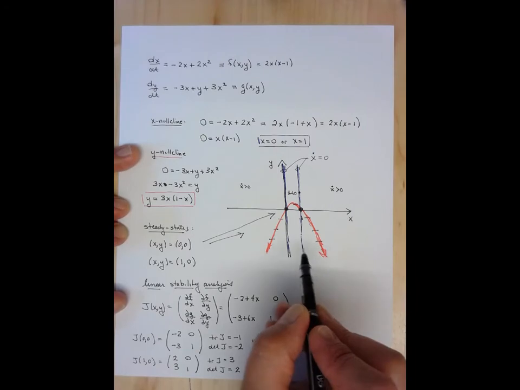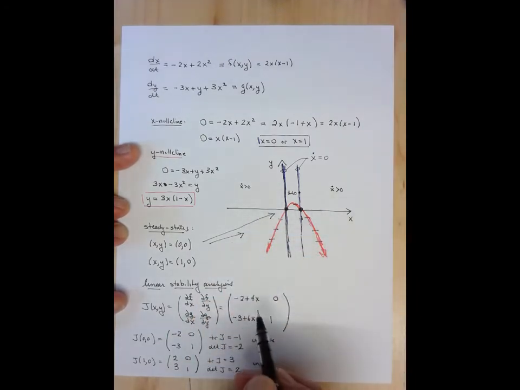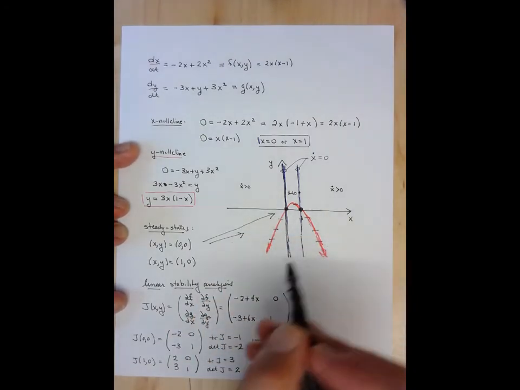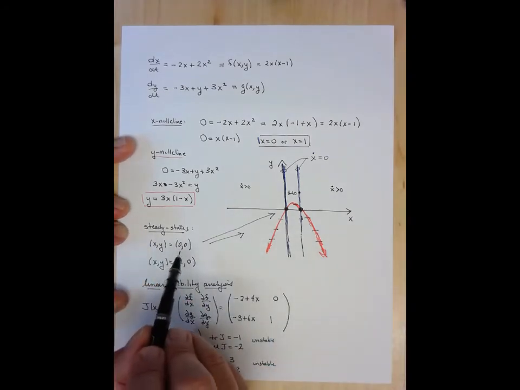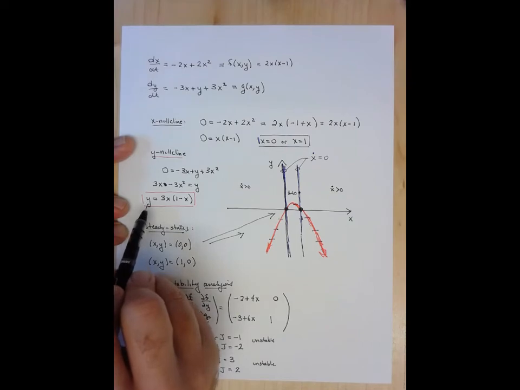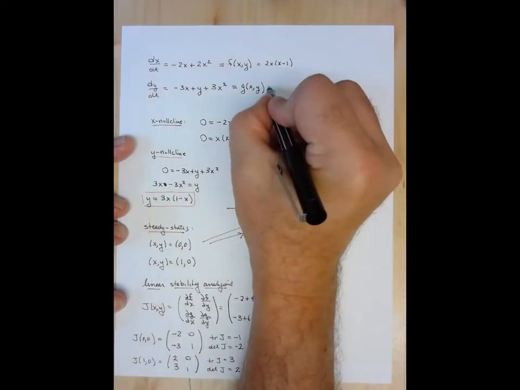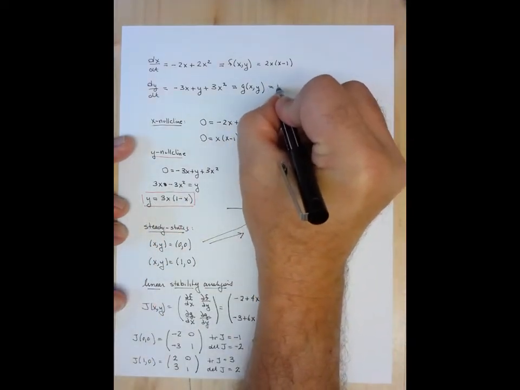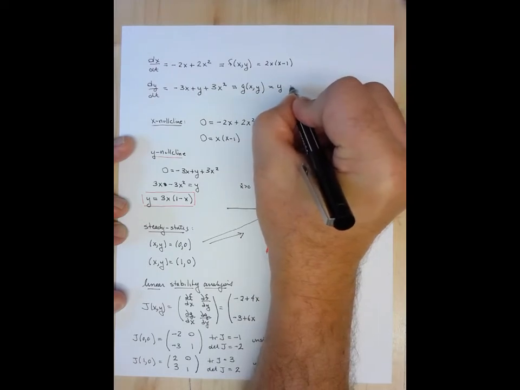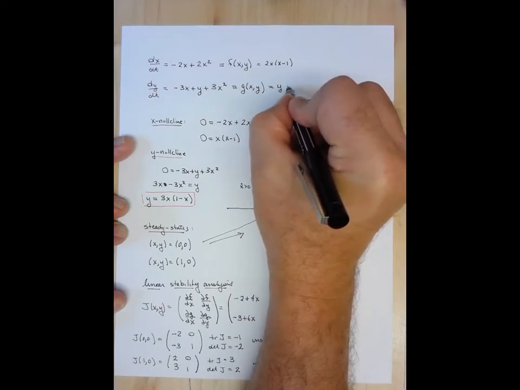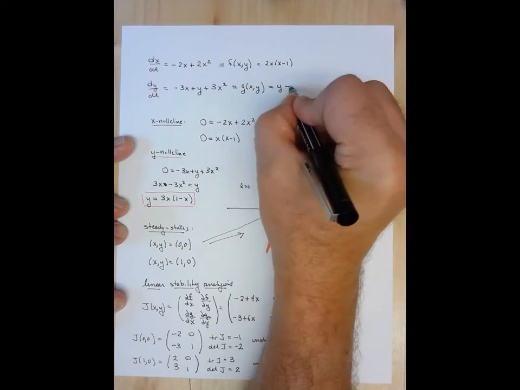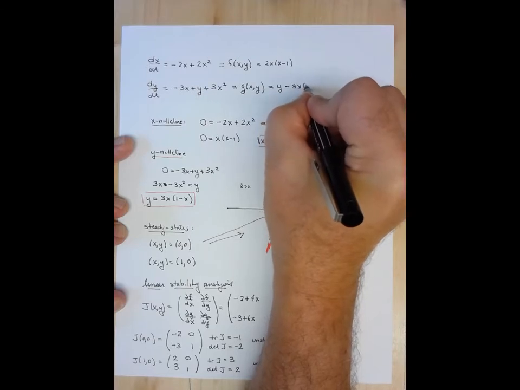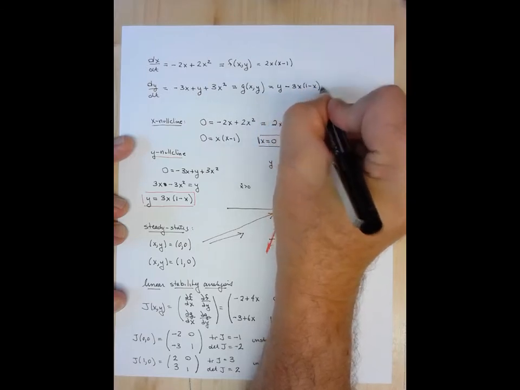The y nullcline also separates the phase space into two domains where the rate of change of y is increasing in one and decreasing in the other. If we look up here, we can write the right-hand side as y minus 3x times (1 minus x).